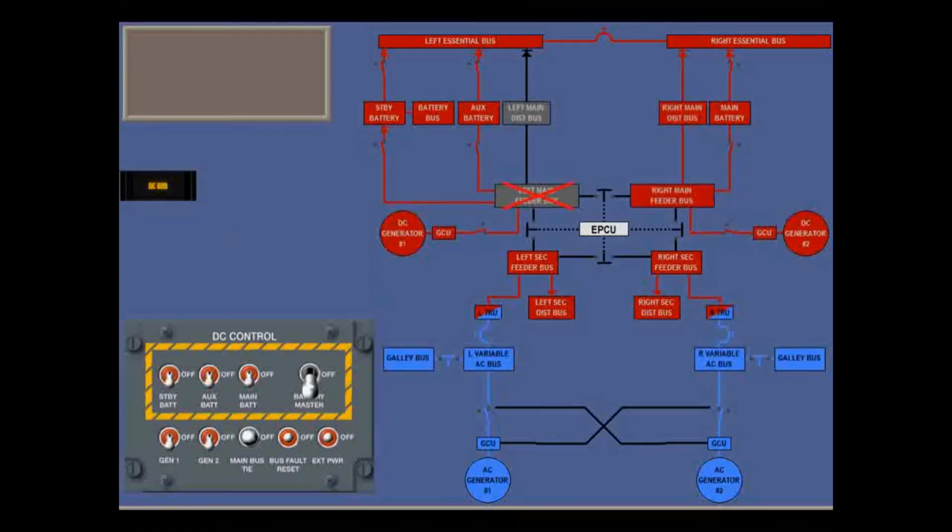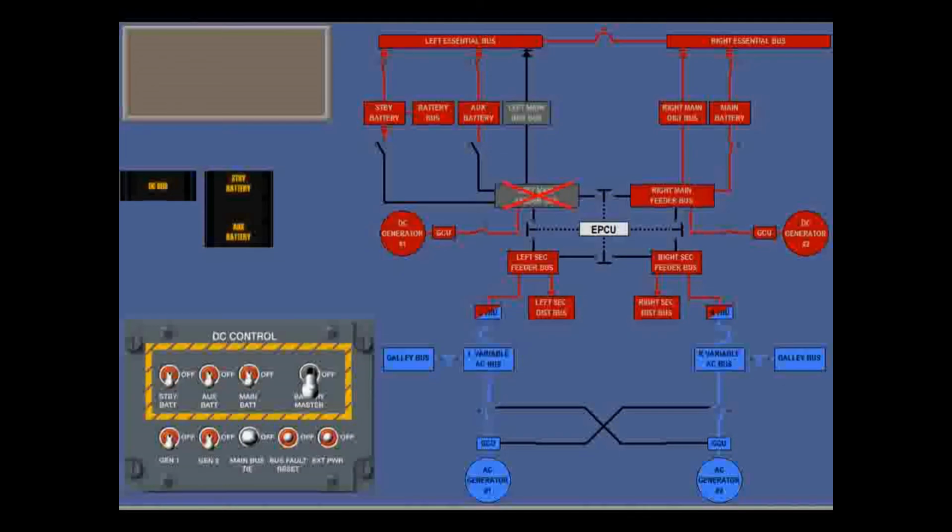Now, not the loss of a power source, but loss of an important main DC feeder bus. If you see the DC bus caution light, the EPCU will protect the relevant batteries, in this case the standby and auxiliary, by isolating them from the faulty bus, illuminating their caution lights, and will also isolate the DC GCU.